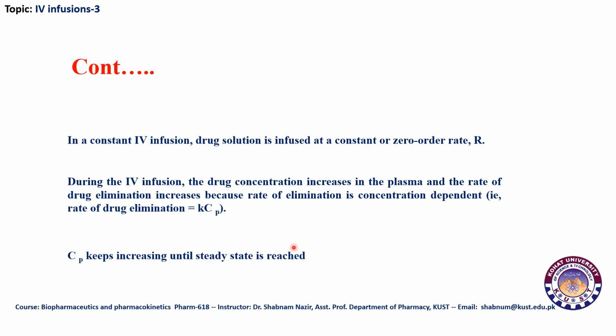At this state, there is no further change in the concentration; it will be maintained at that level. If at that stage you stop the intravenous infusion, the level will drop immediately, which is one of the benefits of using intravenous infusions. We will discuss in our next lecture the various benefits and important considerations for using intravenous infusions.